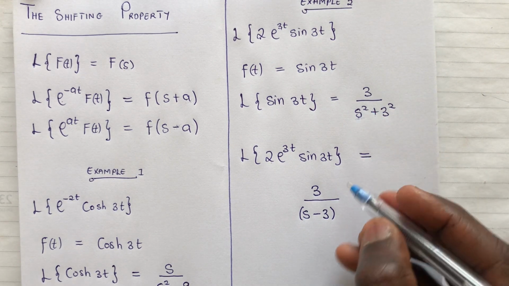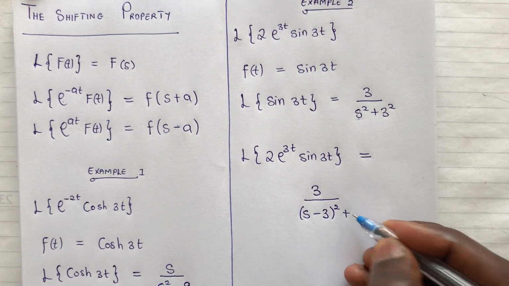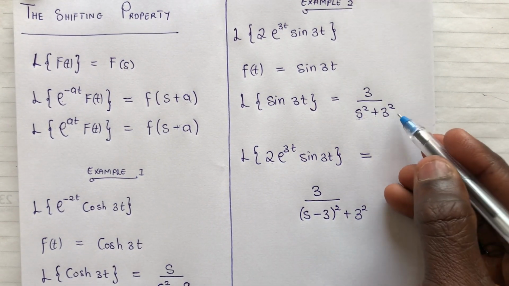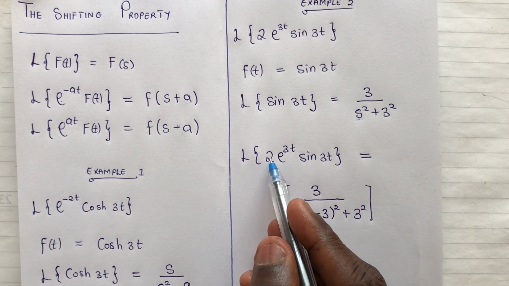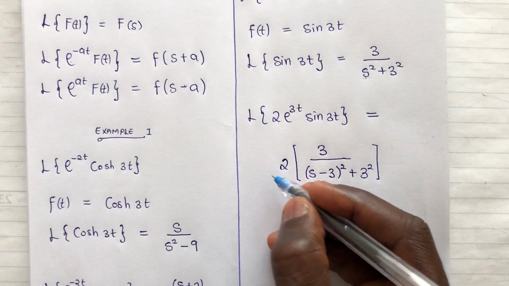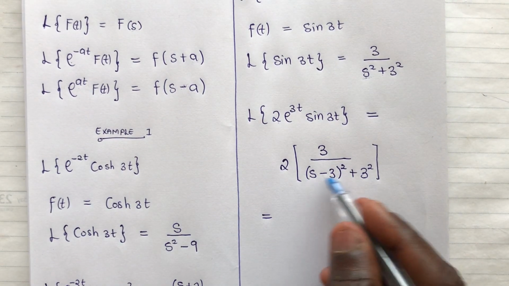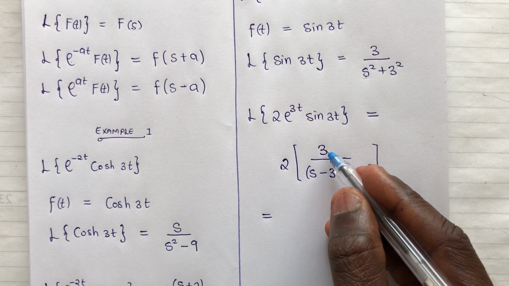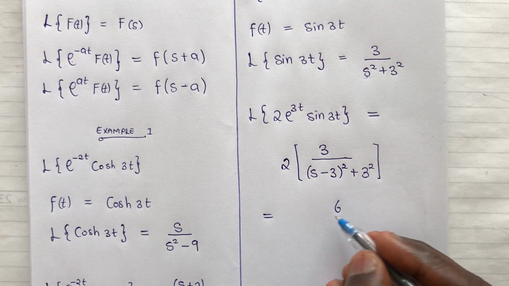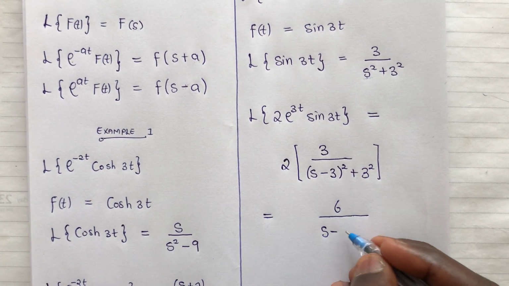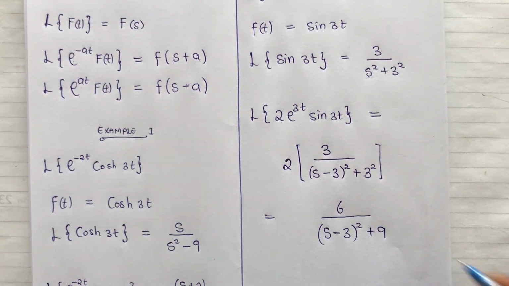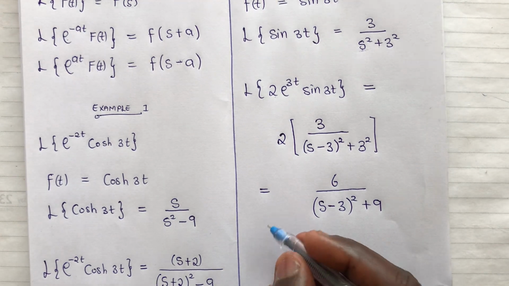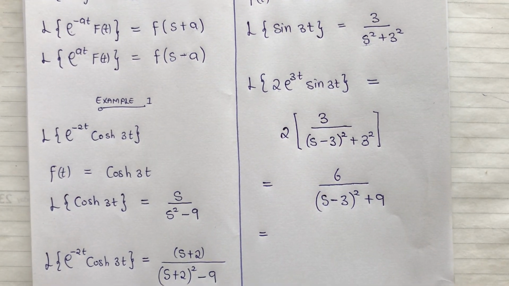Now, this thing is squared, so we square it, plus 3 squared, which is already here, times the value that was given to us here, 2. Now, you continue this by simplifying this side. This time, this will give you 6 out of s minus 3 all squared plus 9. You can then simplify this one by getting your final answer as.